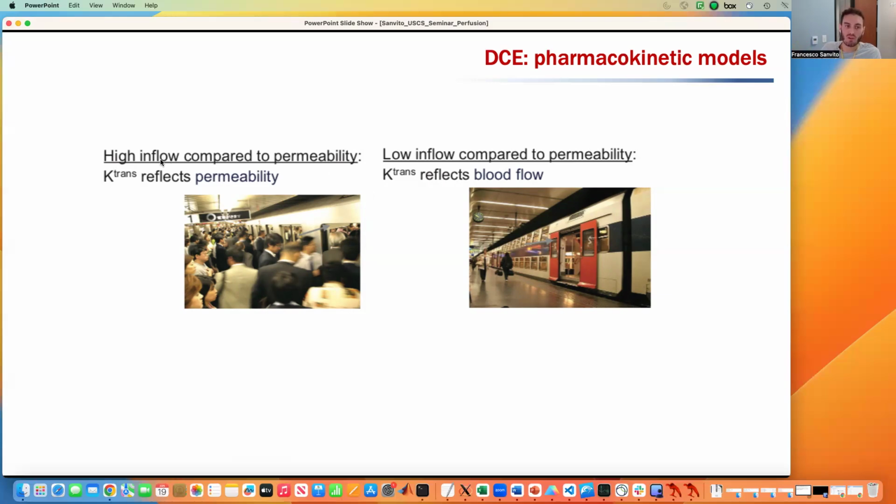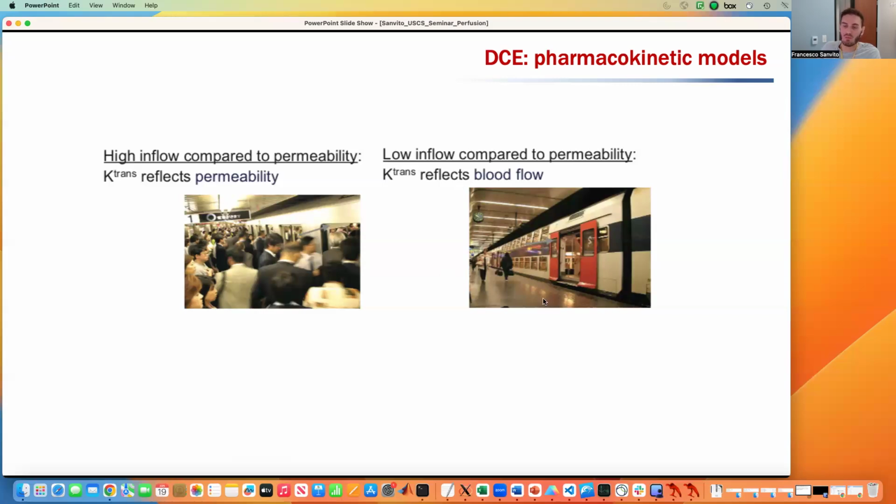So in presence of high flow, Ktrans reflects permeability. However, at 3 a.m. in the morning, there's no passengers. The doors can be open, so the system can be permeable, but since there's nobody flowing outside the train, the Ktrans will be low. So in that case, because the blood flow, so the passengers in the train, is very low as a number, it means that the Ktrans is limited by the flow and it doesn't reflect permeability anymore.